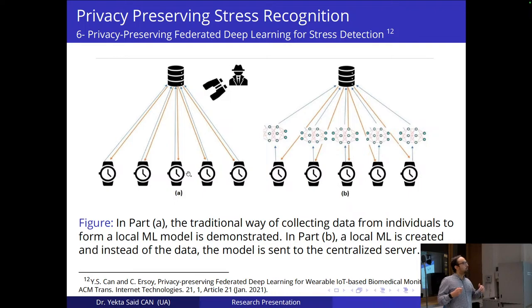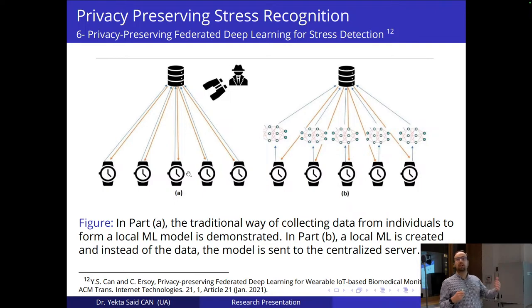There are some techniques to improve privacy. Federated learning is one of them. Instead of uploading the data, we can develop local deep learning models on the device. Then we can upload the parameters of these models to the server instead of the data directly.